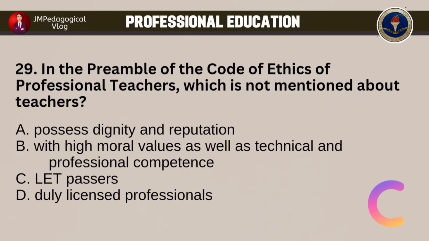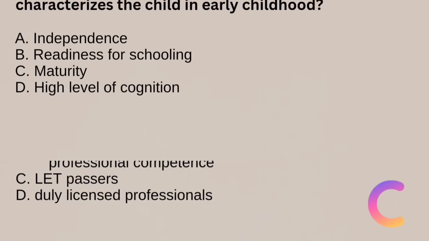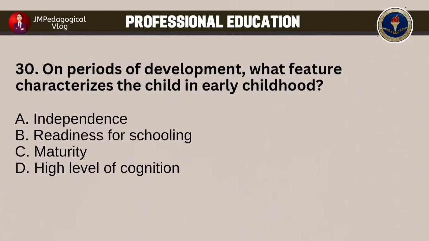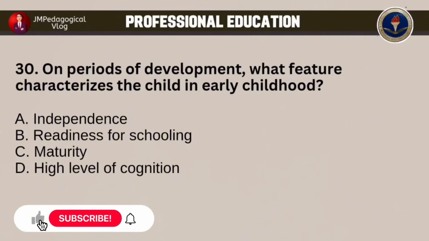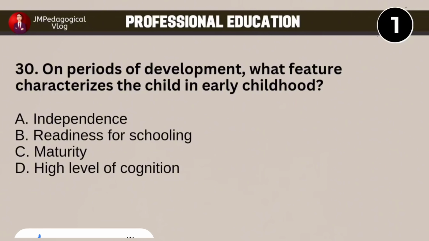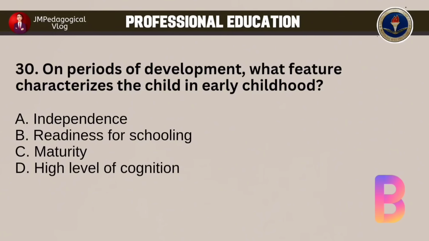C. LET passers. 30. On periods of development, what feature characterizes the child in early childhood? A. Independence. B. Readiness for schooling. C. Maturity. D. High level of cognition. B. Readiness for schooling.